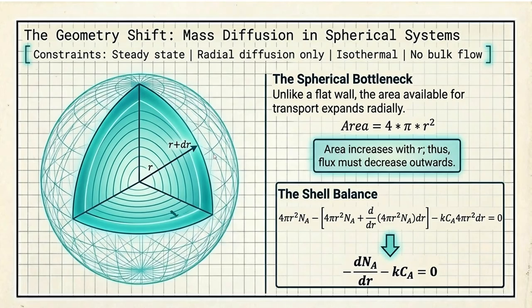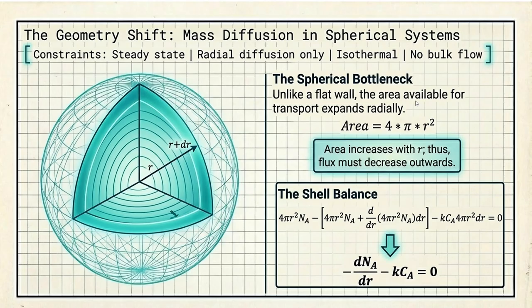Then radial diffusion only, the diffusion that will occur in the direction of this r. That is the characteristic property of the spherical coordinate system. Then isothermal system, so no temperature changes there, and no bulk flow. We have neglected the bulk flow.